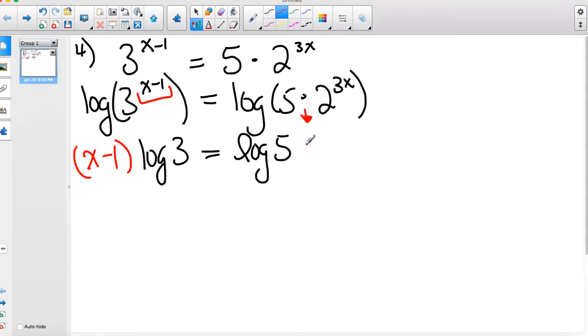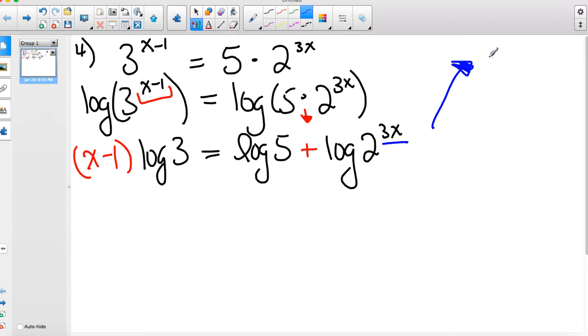You're going to apply the properties of logs. So a multiplication becomes a plus, and then you write log of 2 to the power of 3x. Now here you have a choice. That 3x, you can pull it to the front in 2 ways. I'm going to show you the 2 ways here on the side because there are options.